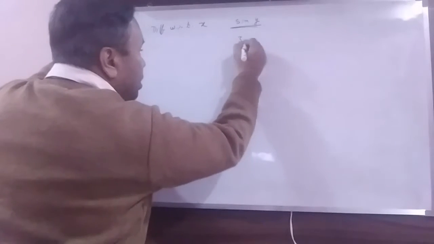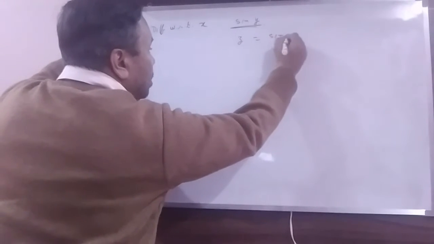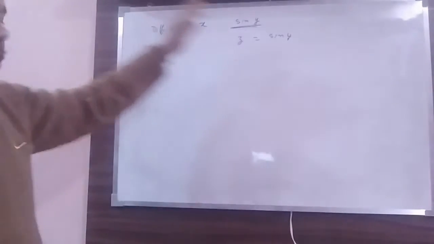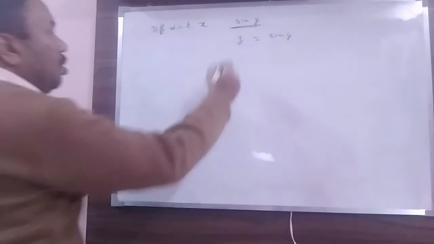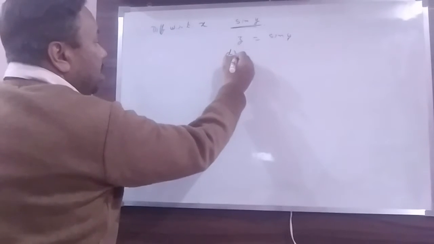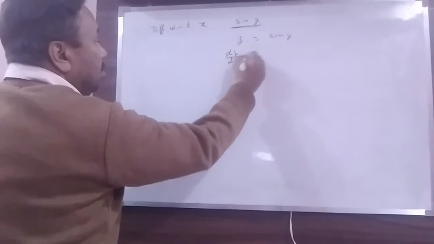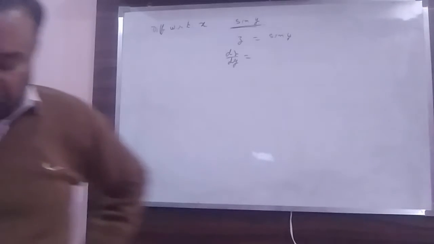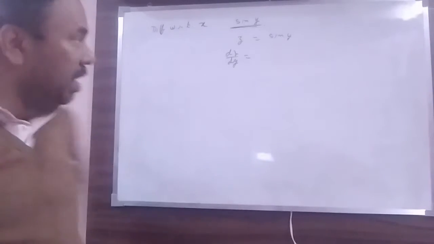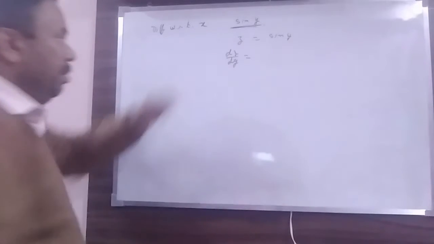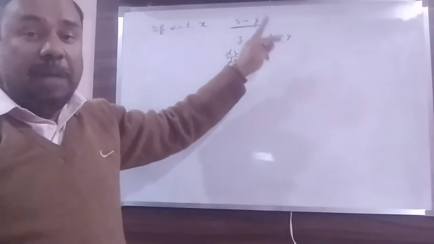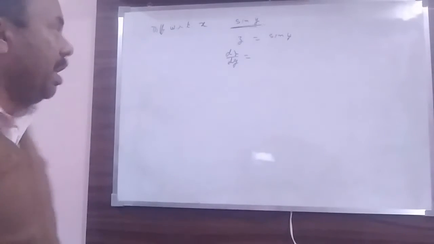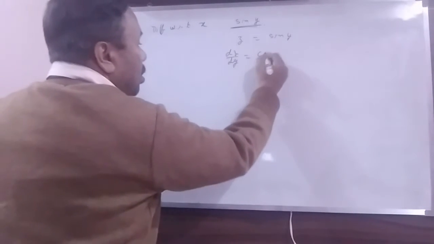Let z equal sine y. So what will be dz by dy? I am not differentiating with respect to x, I am differentiating with respect to y, so this will become cos y.